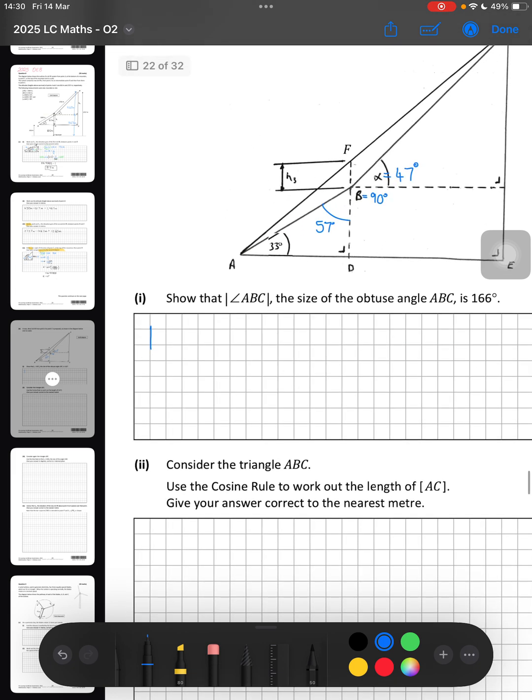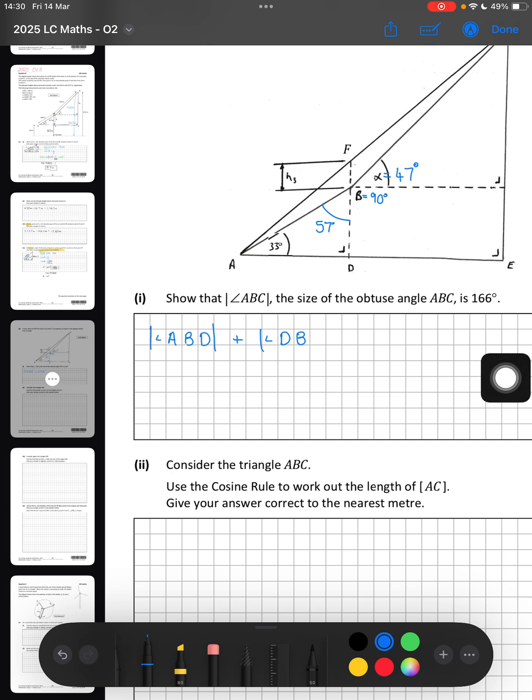Okay, so the size of my angle from A to B to D plus the size of my angle from D to B to the unknown here.